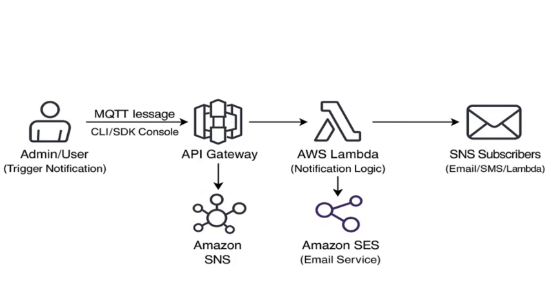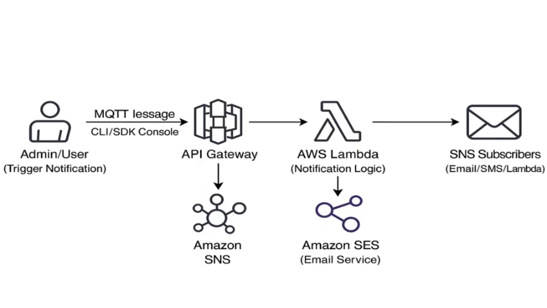This AWS Lambda will process the logic and decide whether to send an email via AWS SES or to publish to AWS SNS. This AWS SNS will distribute the message to email addresses, phone numbers, SMSs, or other Lambda functions. The result will be email sent via SES and the SMS delivered, and moreover.